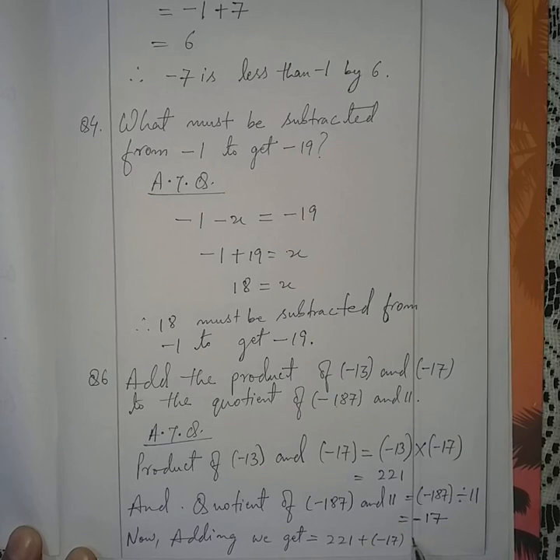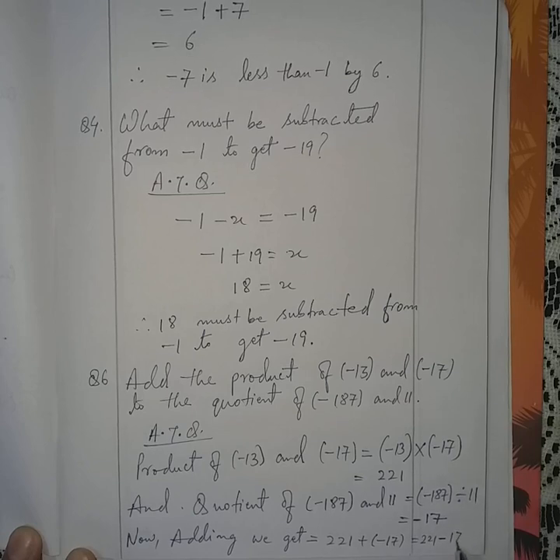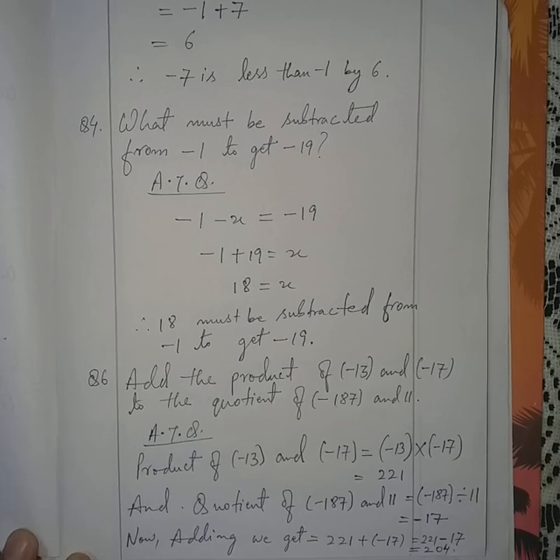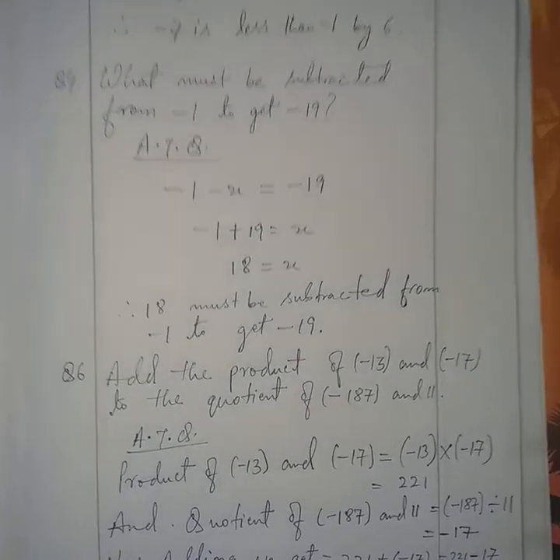So we'll get 221 plus into minus 17. So this is a subtraction. When you subtract it, you are going to get 204. You can see here this one.